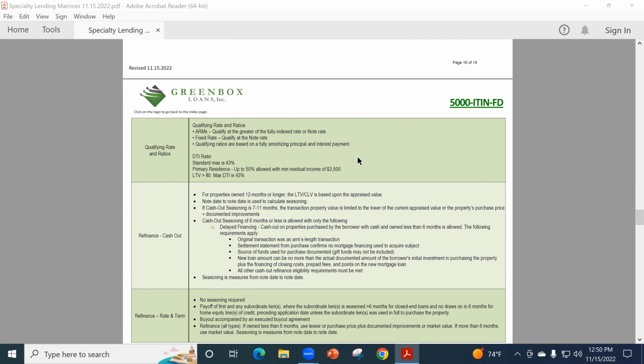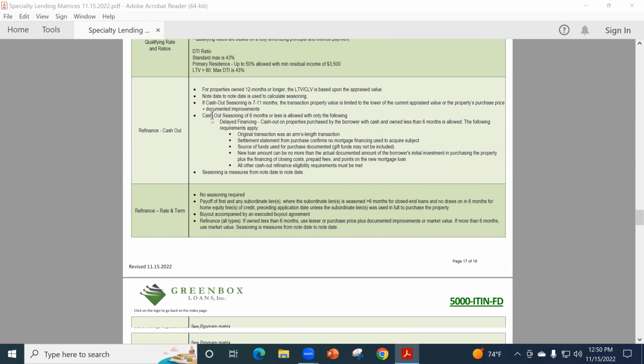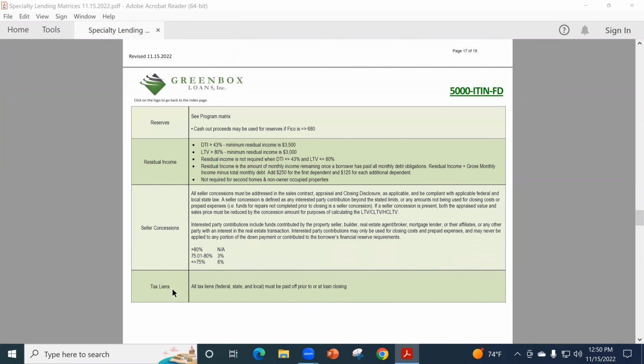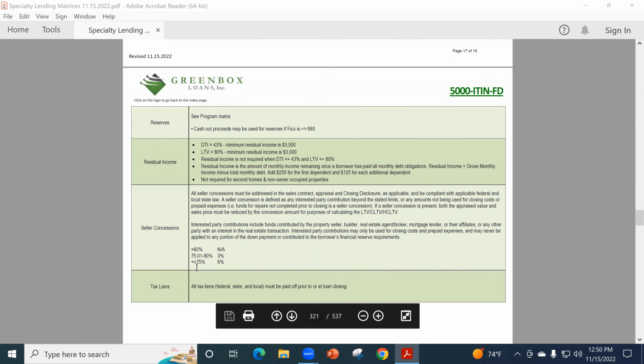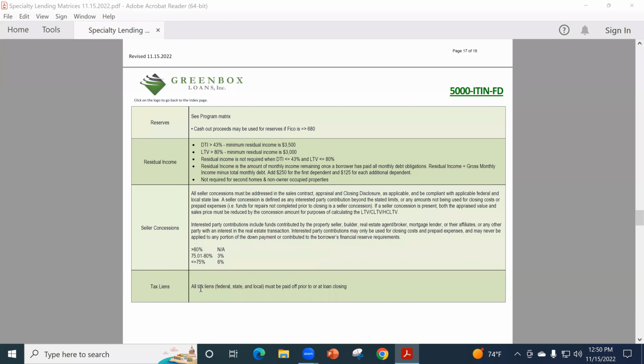Also, what's important nowadays, what I'm seeing a lot, is seller concession. Anything above 80%, not applicable. From 75.01 to 80%, we could do max 3%. Anything below 75, we could do 6% max seller concession.